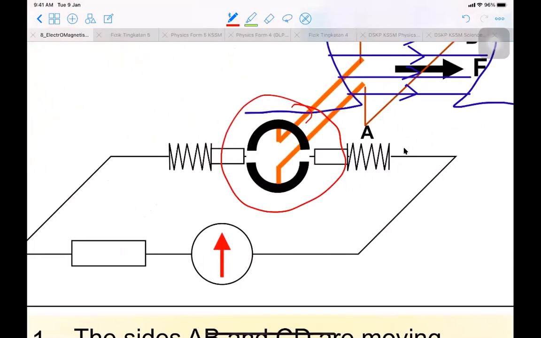It is not in contact with the commutator and the carbon brush, so the circuit is now incomplete. There will not be any current flowing in the circuit. That's why the pointer of the galvanometer stays at the center without any deflection, because no induced current is produced.